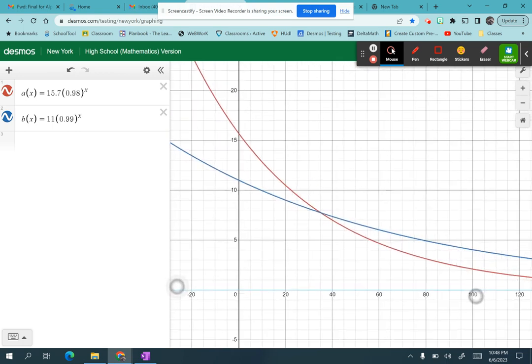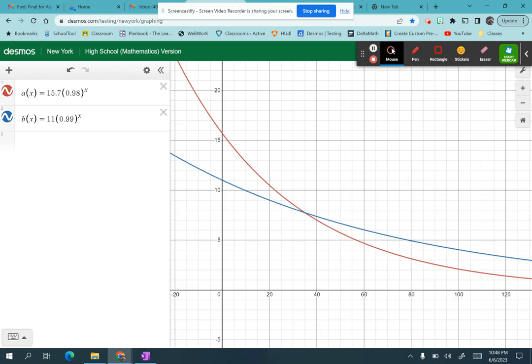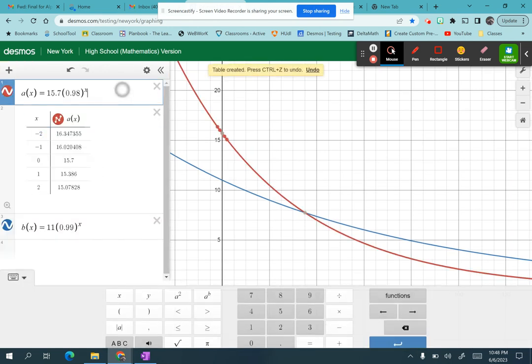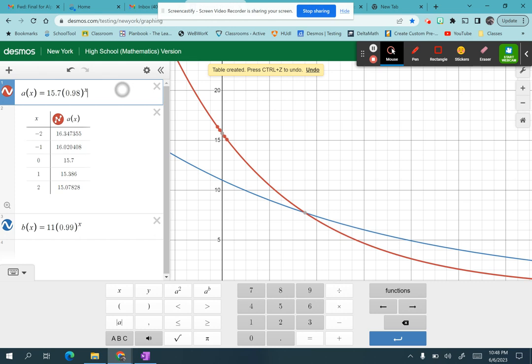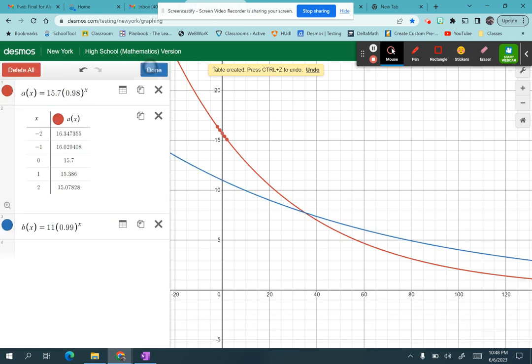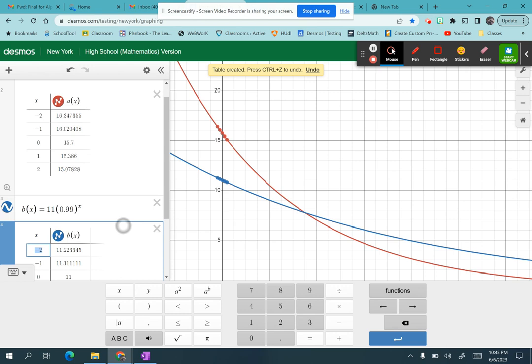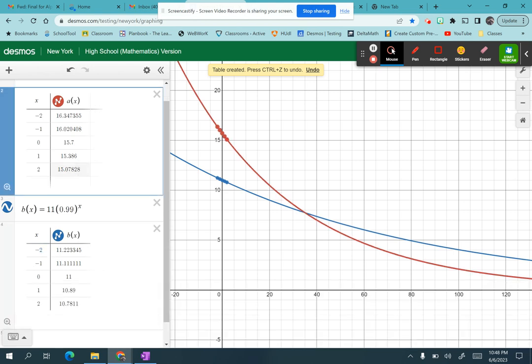Okay, so we have this, and we can create tables of values from here. So we can hit the little gear button and make a table of values for A, and the little gear button and make a table of values for B so that we can graph this all the way up to 100. So it's going up by tens.